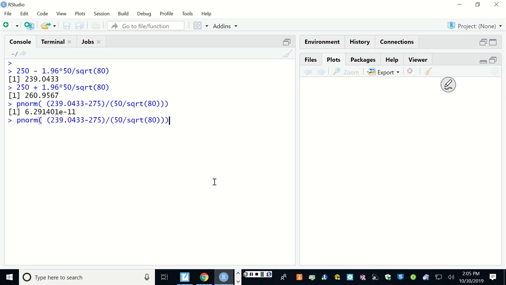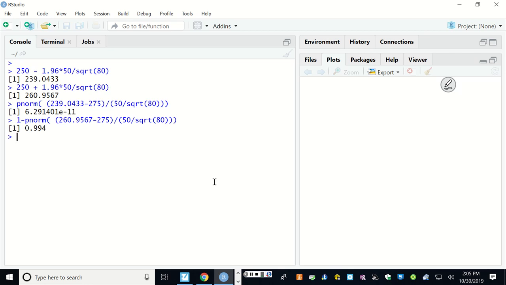So that's nothing. If you do p-norm of the other one, 260.9567, we actually want 1 minus that, because the p-norm does less than that, but on the upper side we're looking at greater than. So we do 1 minus that, and we get 0.994, assuming I've typed everything correctly.